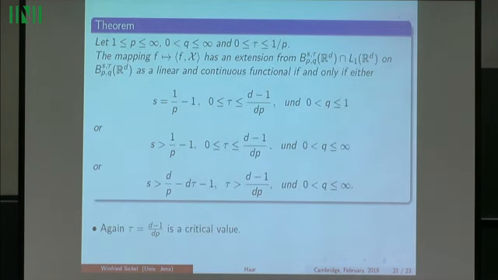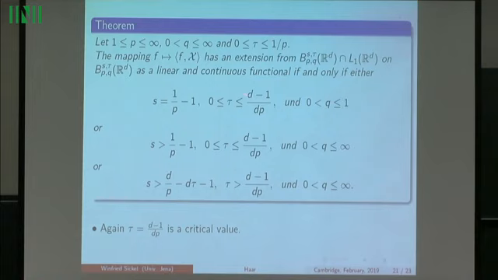Next, we wanted to understand under which conditions this mapping ends up being a linear and continuous functional. And then we have been able to characterize this in case p is larger than or equal to 1. But the picture becomes a little bit more complicated, probably I should say more colorful, sounds better. So we have to distinguish between small tau and large tau.